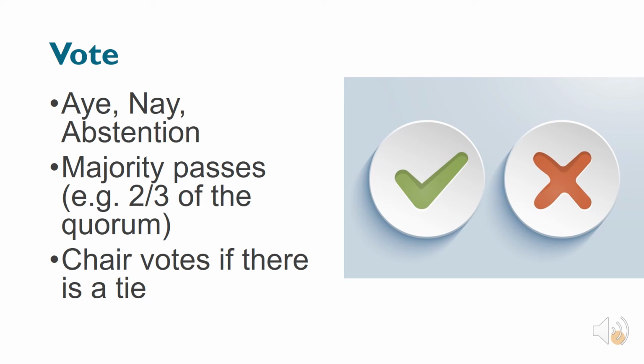Now there's the potential for a tie, then the chair will need to know, and they will want to move forward. Maybe if there are too many abstentions, that means they should wait until they have a full commission to take a decision. So this is why it's important, if you're going to abstain yourself, to say it at first.